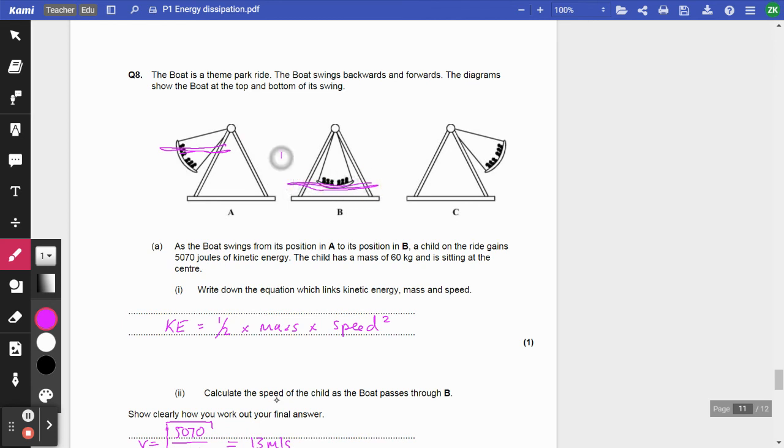So it's fallen in height and lost GPE as you've gone from A to B and gained kinetic energy. And then from B to C, you've got that kinetic energy, and now you're going back to that higher position in height, and all that kinetic energy is converting into GPE.